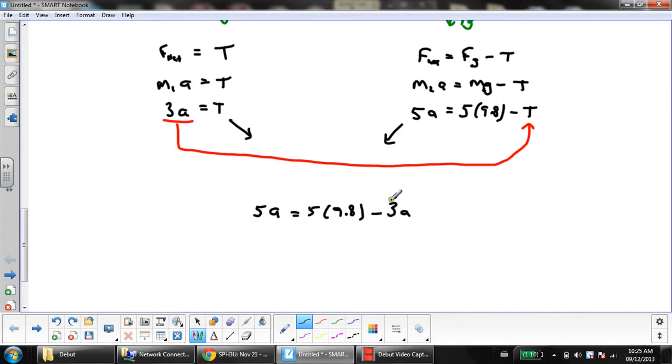I'm going to bring this guy over to this side, and it becomes a plus, so I get 8a equals 5 times 9.8. And then to get a by itself, I bring the 8 over and divide. 5 times 9.8 divided by 8.